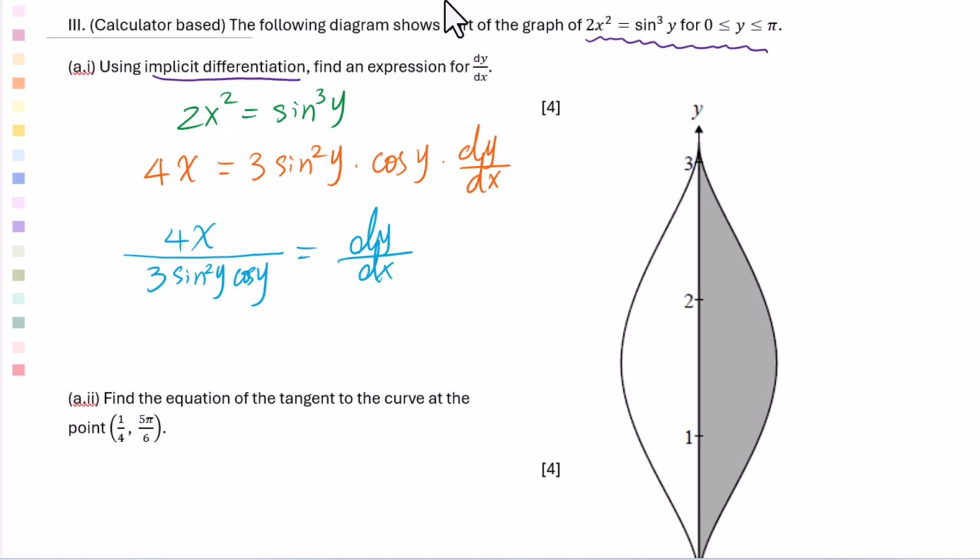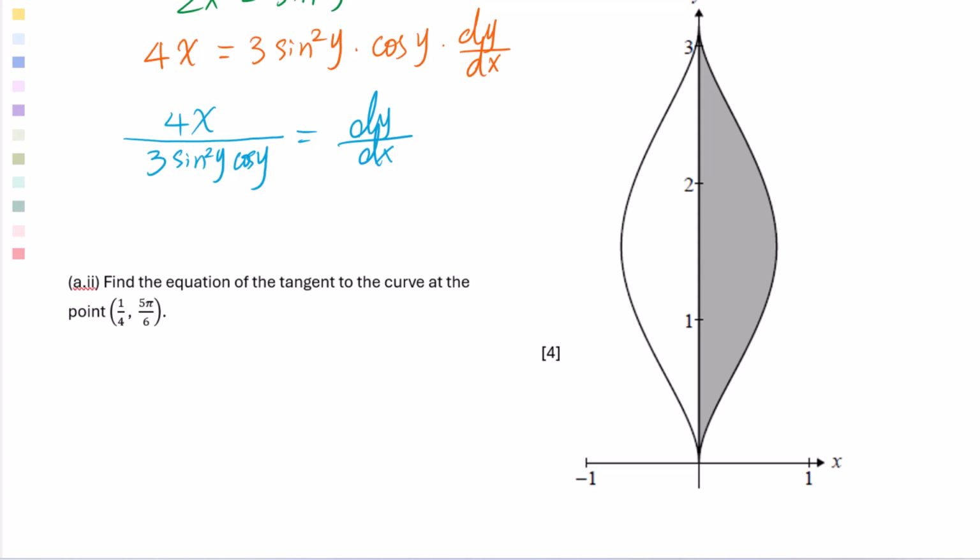Part a2, find the equation of the tangent to the curve at the point 1 over 4, 5 pi over 6. First of all, we need to figure out the slope.